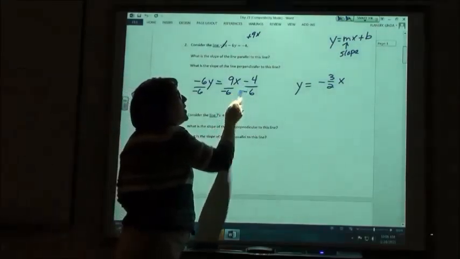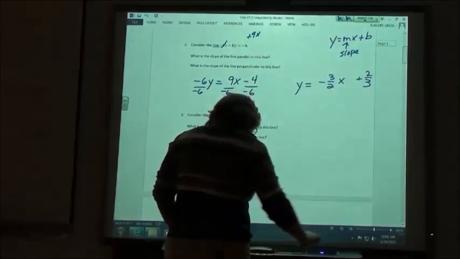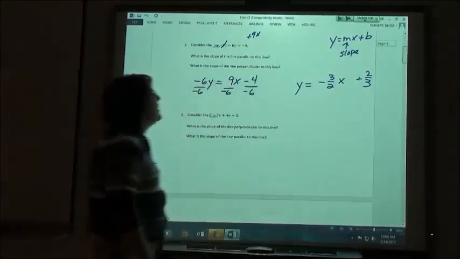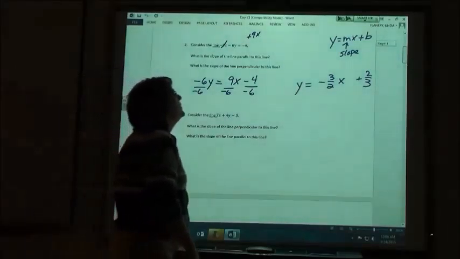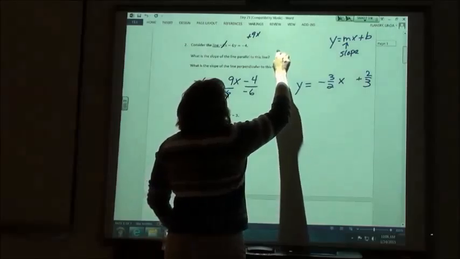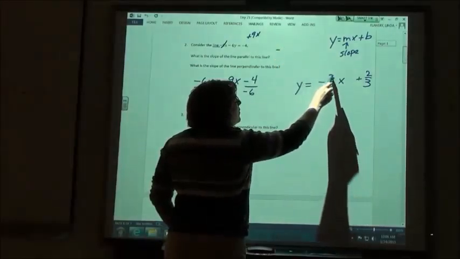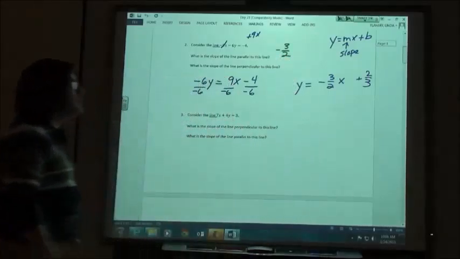You have a negative over a negative, oh, it's positive 2/3. So the slope of my parallel line is going to be negative 3 over 2. Same as whatever you got.